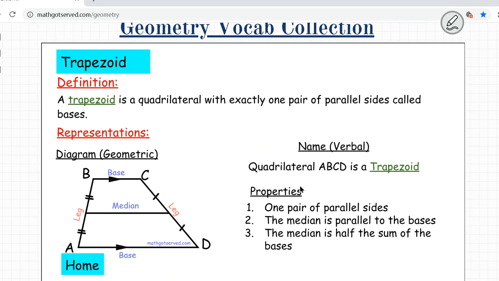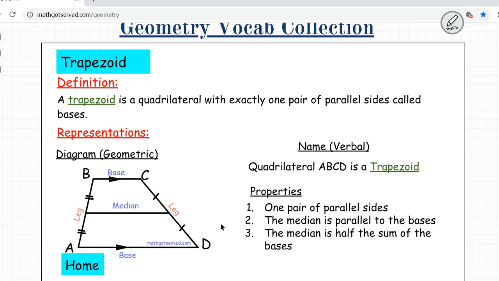A trapezoid is a quadrilateral with exactly one pair of parallel sides called bases. So you have a pair of parallel sides here, AD and BC, they are the bases. The other sides are called the legs. We're going to be working with a part of a trapezoid known as the median. It's the line segment that joins the midpoints of the two legs.